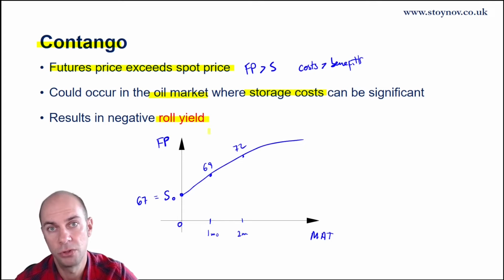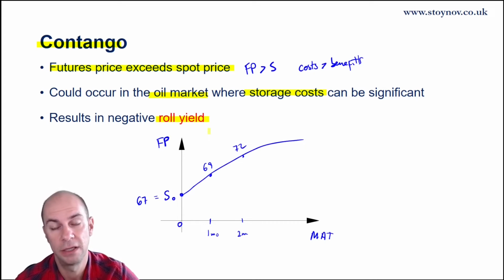So let's say I want to maintain long-term exposure over 10 years, but I'm going to be doing this via 1-month futures contracts. So I enter this 1-month contract, but by the end of the month, the contract is about to expire, and I need to close it in order to avoid having to take physical possession of the commodity.